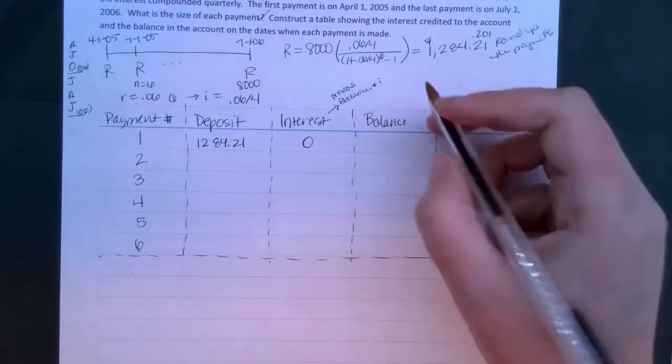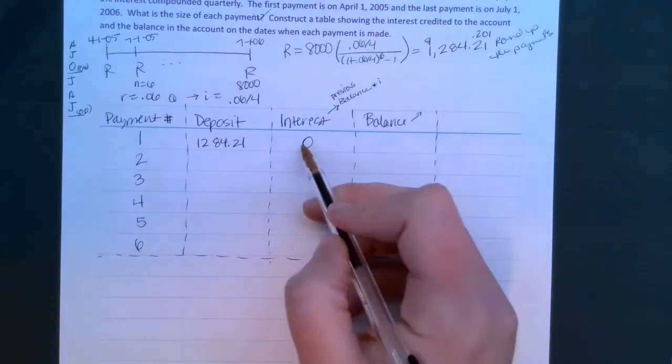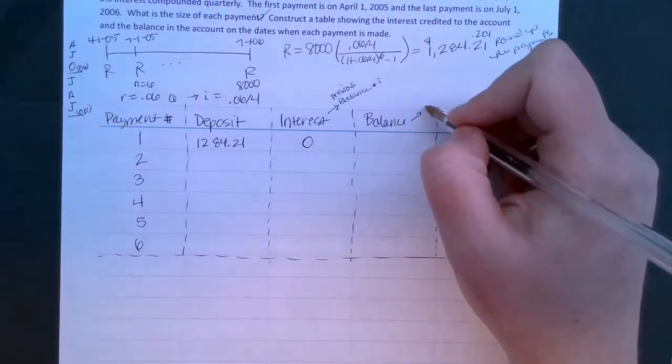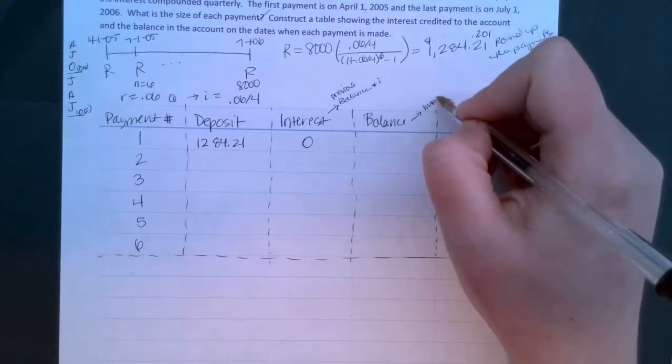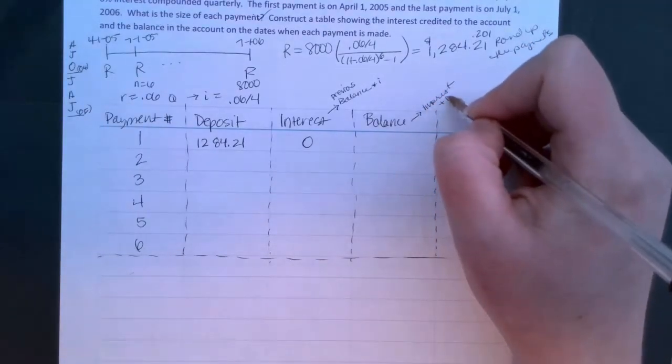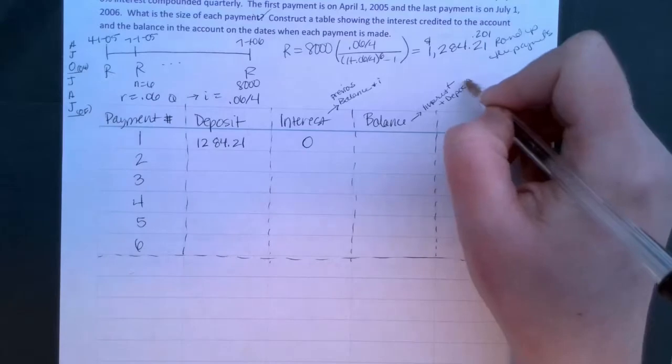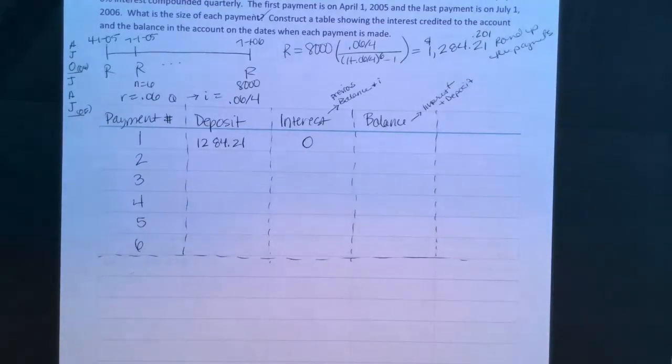Okay, but this time the balance is going to be the interest plus the deposit, so that's a little different too. So interest plus deposit, and again that's because we're accumulating money, so we're going to add it together, instead of when we were doing the amortization table we were trying to pay off a loan, so we were subtracting. Okay, so again real similar.